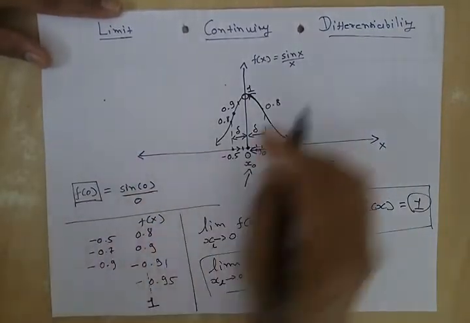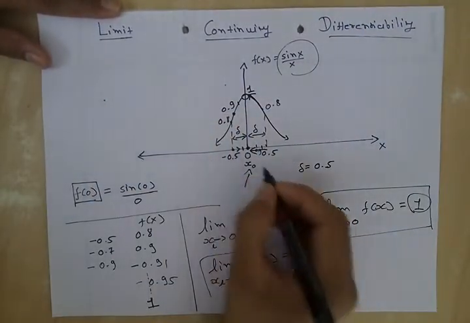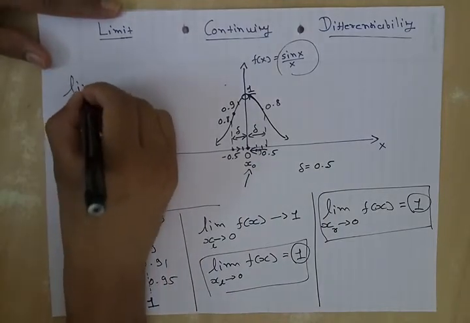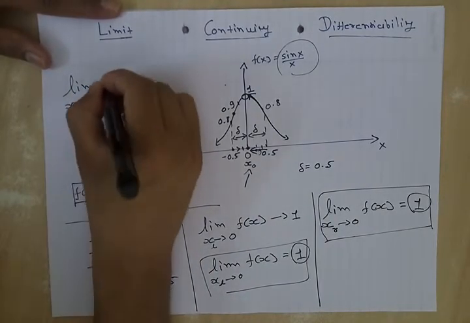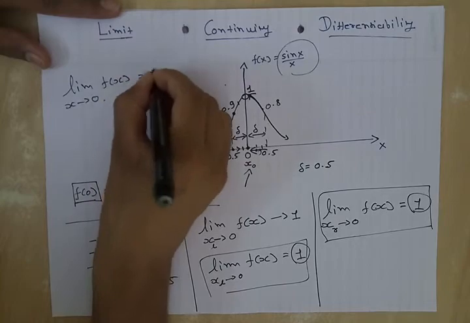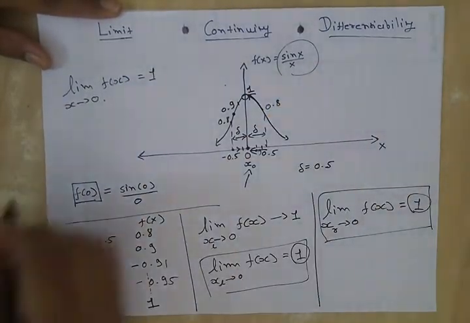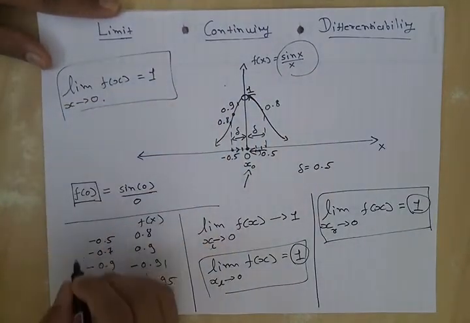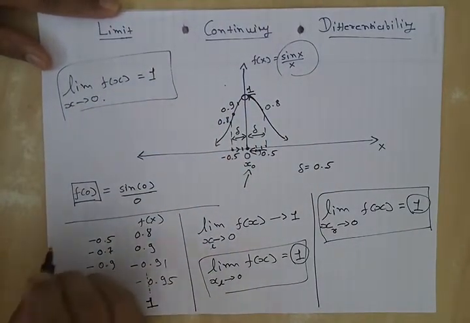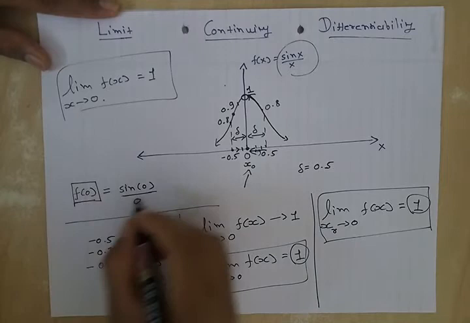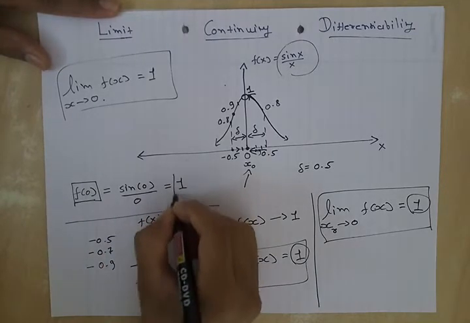So the limit does exist for this function at this point. So we can write limit as x tends to 0 of f(x) is equal to 1. Here f(x) is sin x / x. So we can say that the value of f(0) is equal to 1.